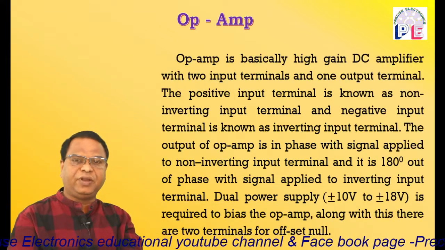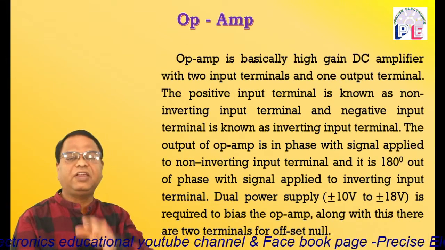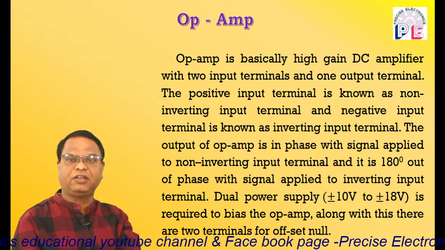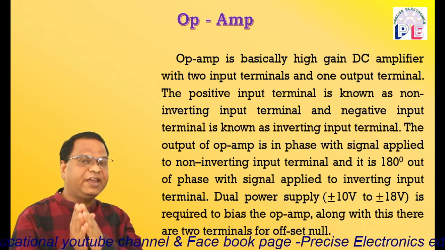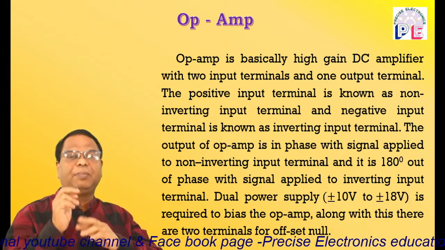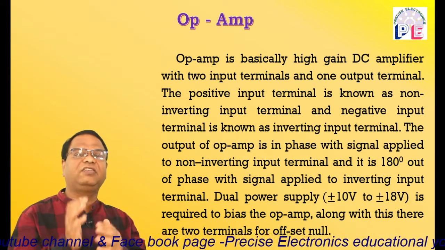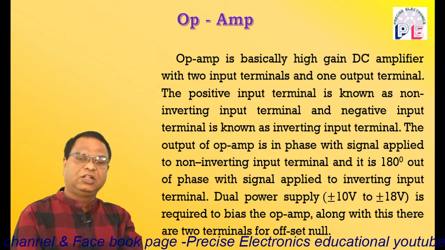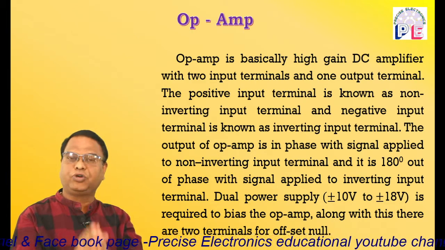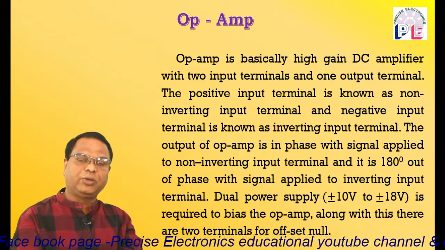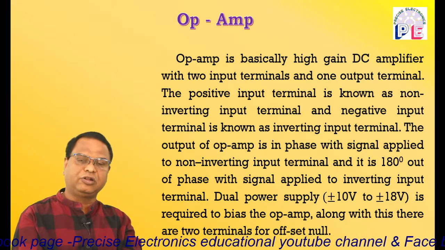This operational amplifier, that is OPAMP, is basically a high gain DC amplifier. It amplifies both AC and DC signals faithfully. This amplifier has two input terminals, positive input terminal and negative input terminal.